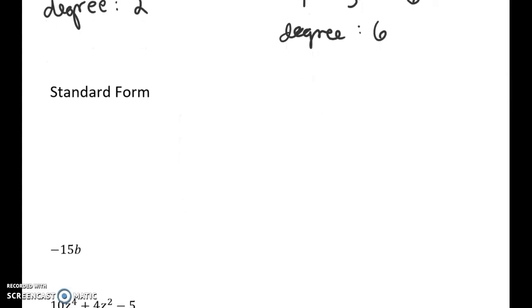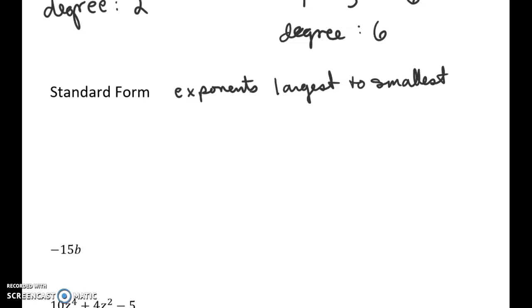Standard form for a polynomial, we put the exponents from largest to smallest. So a while ago we had 81 minus 4a squared. That would not be considered in standard form, but we could rewrite it as negative 4a squared plus 81.